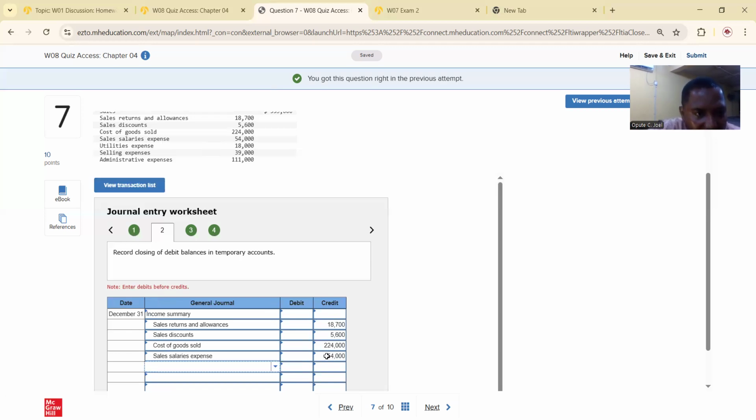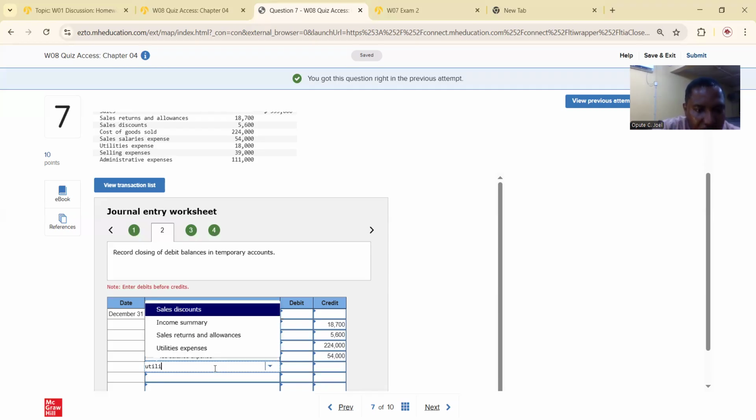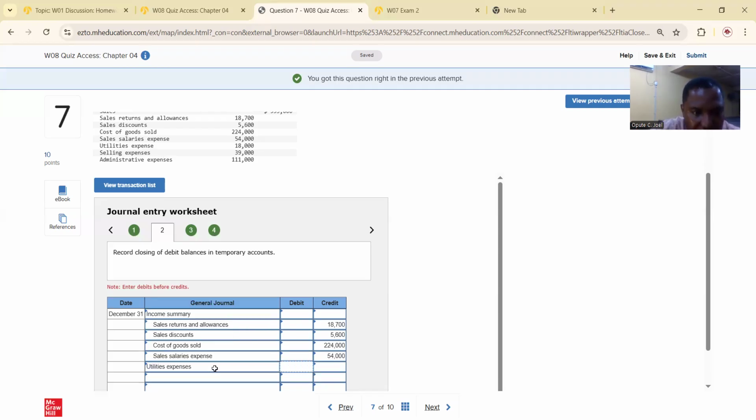The next one after sales salaries expense is utilities expense, which is 18,000.